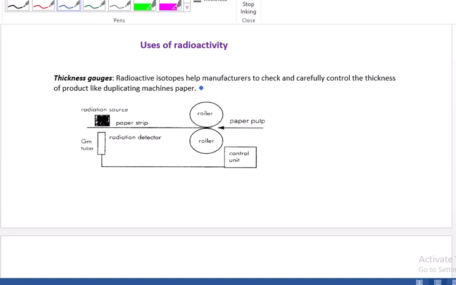So there is a radiation source, and radiation will be hit through this paper. What happens? It is detected by the GM tube. The GM tube can detect the amount of radiation that reaches it.